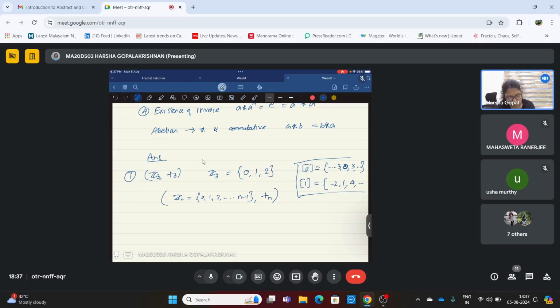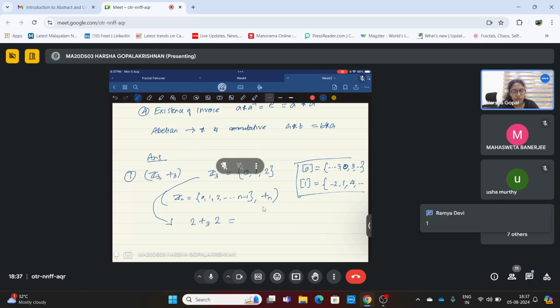Let's go back to Z3. In Z3, I have element 2. What is 2 plus 2 in Z3? Any idea? Yeah, 1, correct.